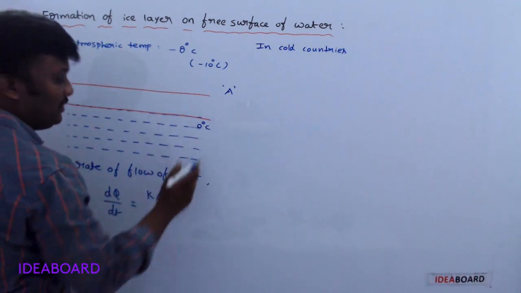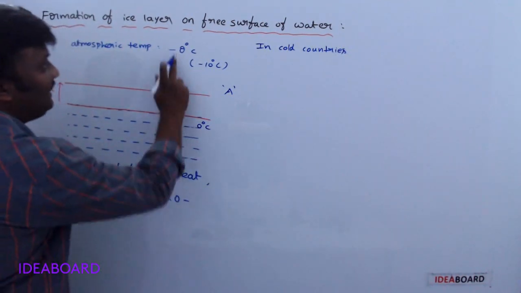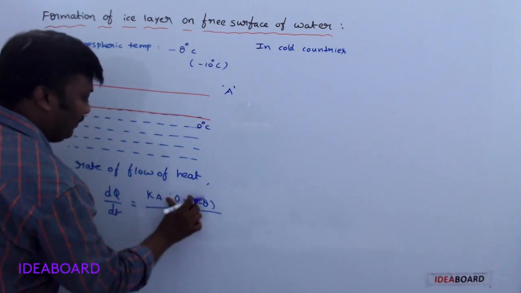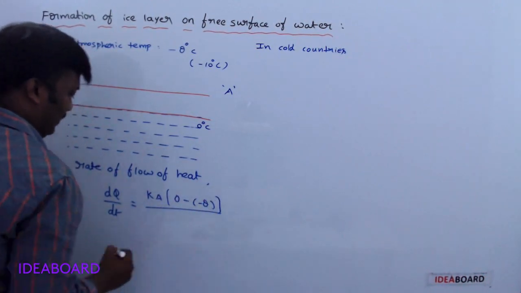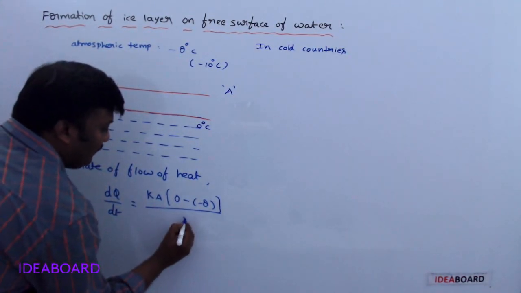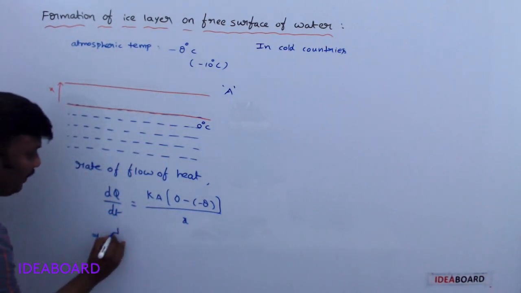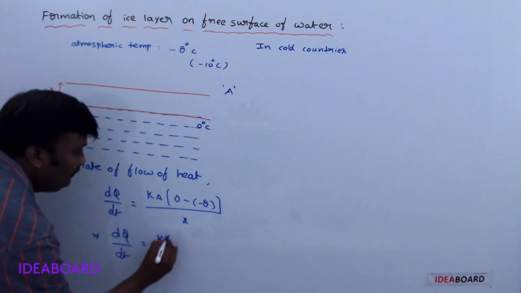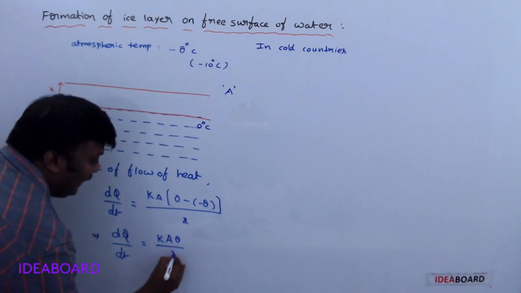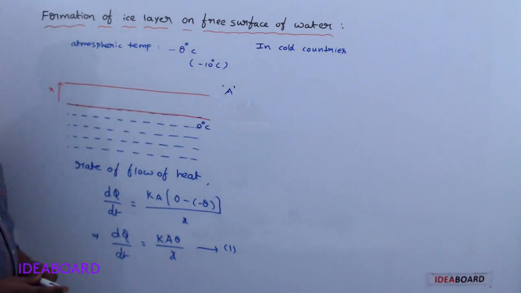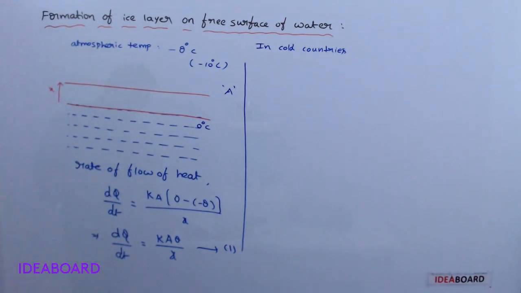Which temperature is more? 0 is more. So 0 minus minus theta, divided by x, where x is the thickness of the ice. So the formula we got is dQ by dt equals K A theta by x. Let this be equation number 1.